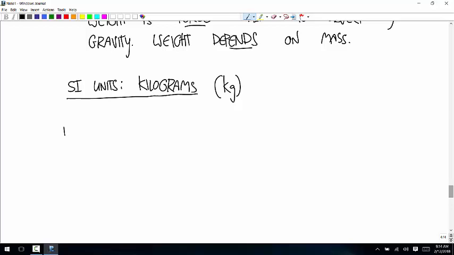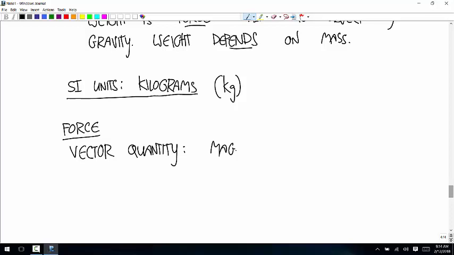Okay, a force. This is the more complicated one to define. This is a vector quantity, and that means it has a magnitude and a direction.